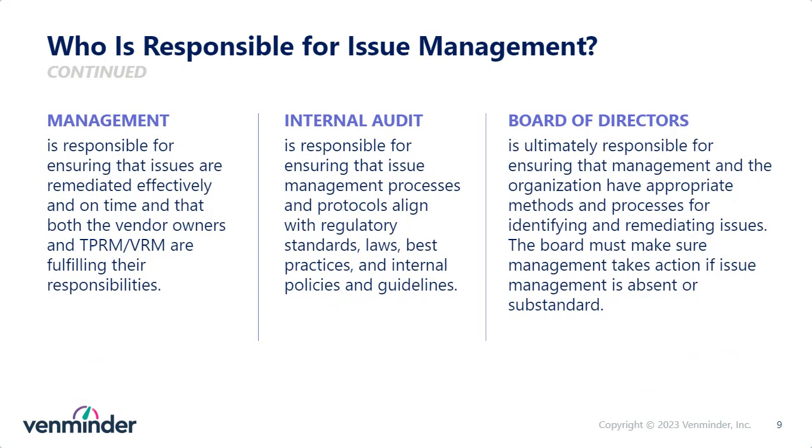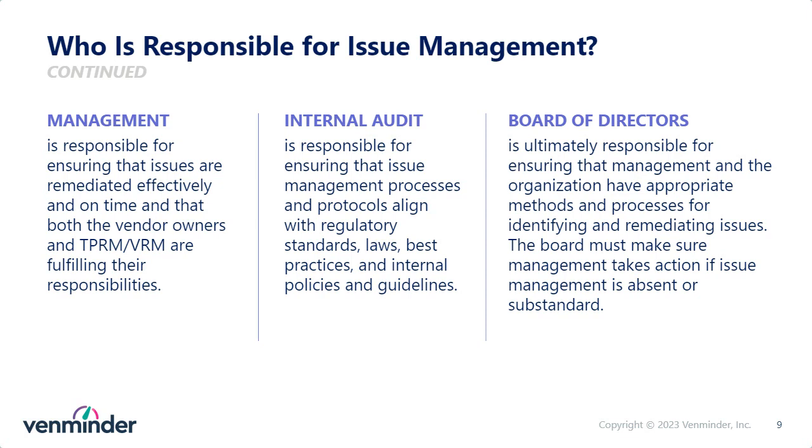Of course, management and the board of directors are ultimately responsible for the effective execution of third-party risk management across the organization. And so management needs to make sure that the vendor owners, the line of business, third-party risk management are fulfilling their responsibilities. And the board needs to make sure that management is ensuring that there are effective processes in place to address issues.